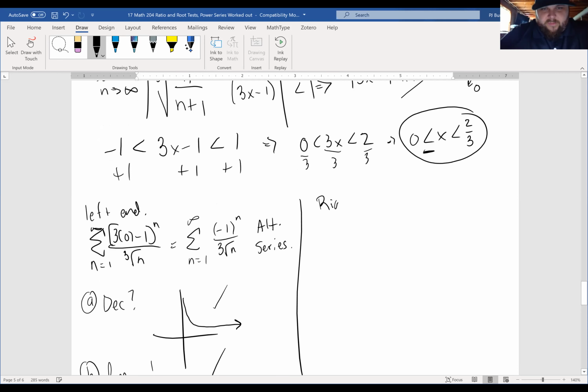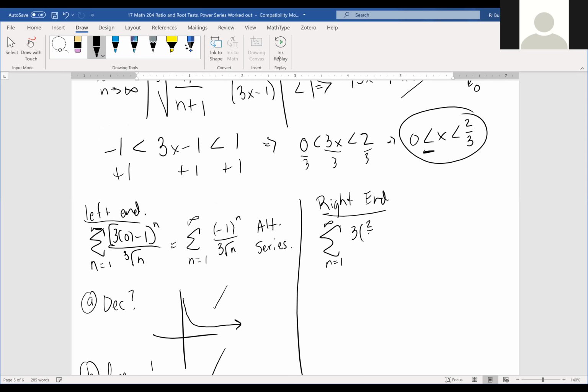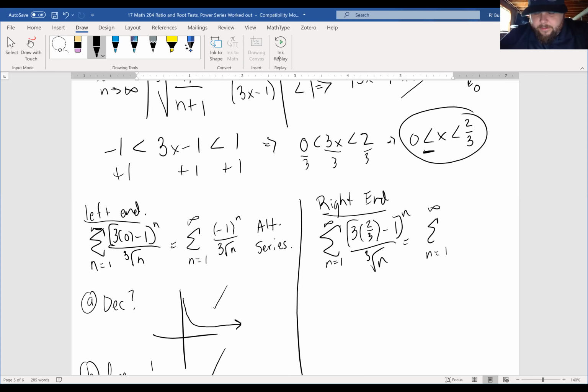And then let's just repeat for the right side. So we start with the original summation, plug in two-thirds. That's going to simplify. Excuse me. So the 3's would cancel. And then you'll have 2 minus 1 to the n.